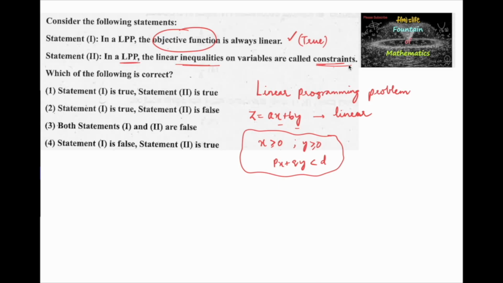So we can also say this is true. So in LPP we consider the objective function and the linear inequalities as the constraints. Therefore statement 1 is true and statement 2 is true, which is our option 1.